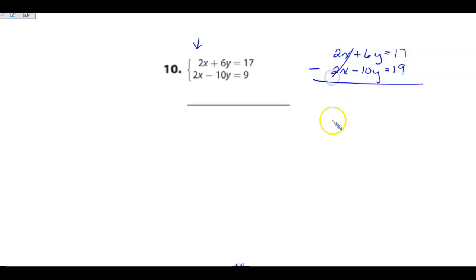So the x's eliminate. 6 minus negative 10 is the same as adding, so we get 16y. And 17 minus, that would be negative 2. Subtract, or sorry, divide.